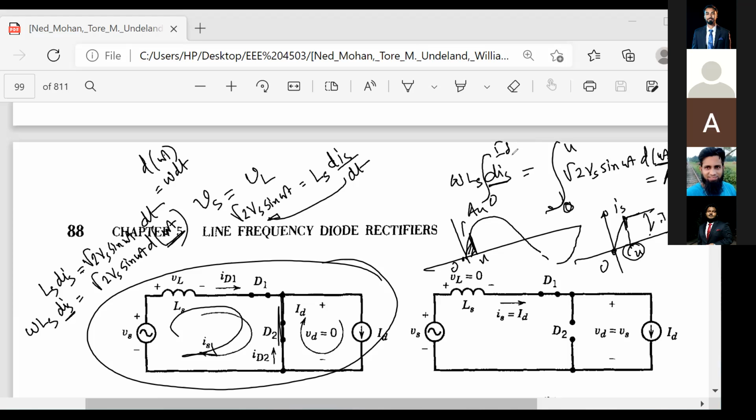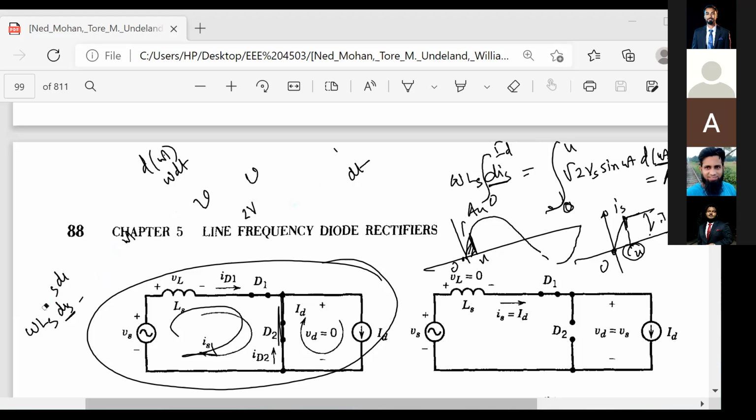Okay, ID. Now if you complete the equation, that will be your ID, and that will also be AU.